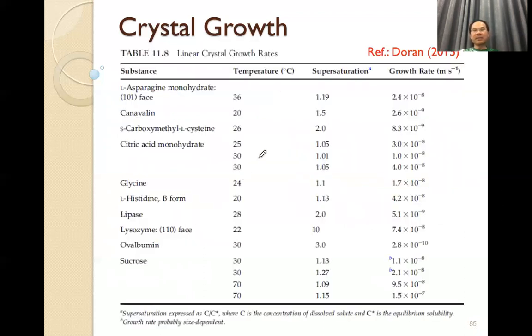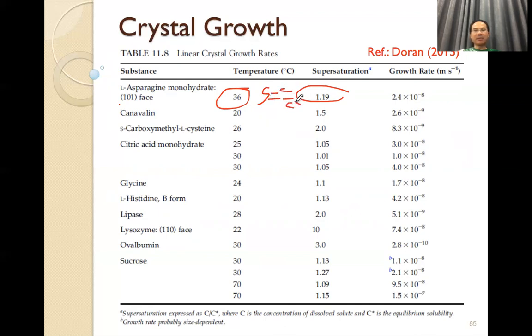This gives you an example of the growth rate of a bioproduct molecule, for example, L-asparagine monohydrate, grown at a temperature of 36 degrees Celsius with a supersaturation of 1.19. The relative supersaturation is S equal to C divided by C star.